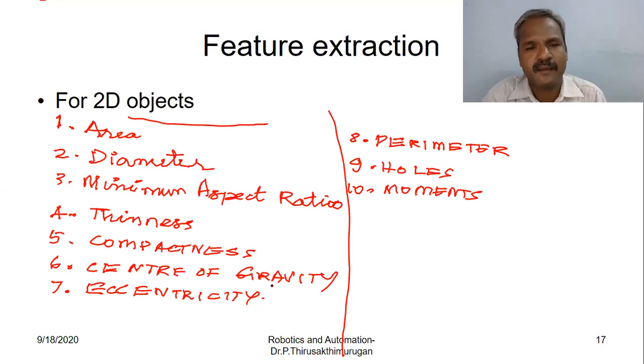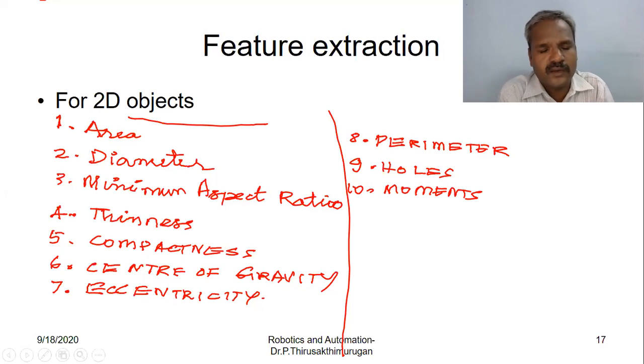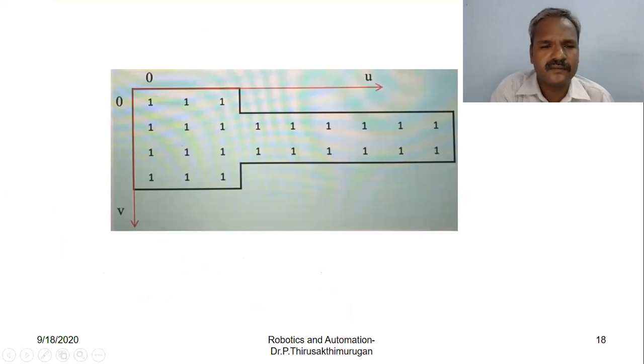From these parameters, we can conclude the image properties. We can extract the features of the image. Next, you see here.